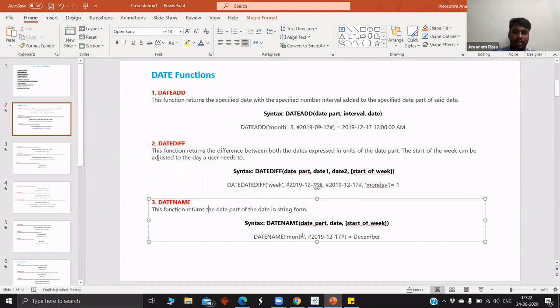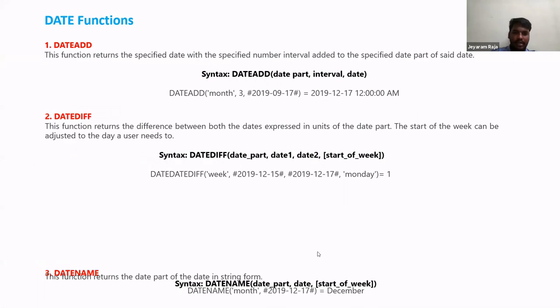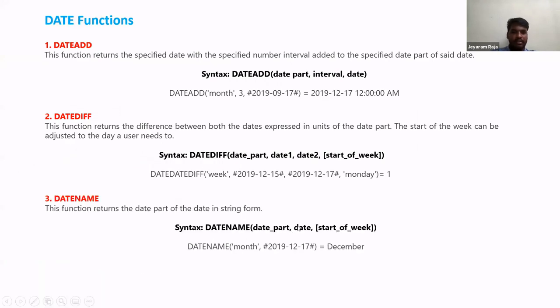The syntax is DATENAME, date part, which means we want month, date or week, and date is the input field, like order date or ship date. The start of the week we can define, as we have defined Monday here. It's not necessary to define; otherwise by default it will take the day starting as mentioned in the date field.